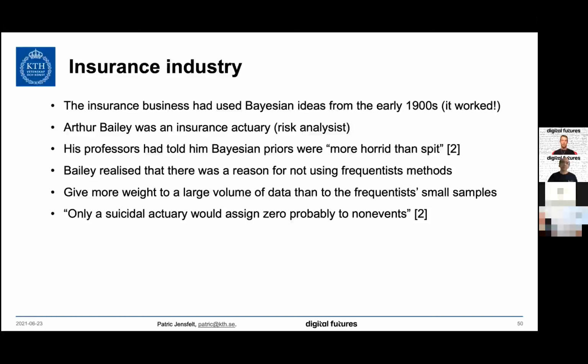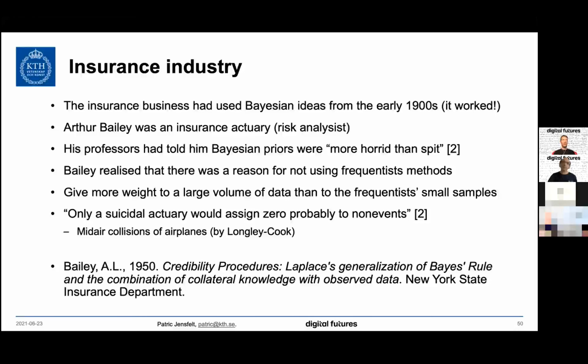One of the classical examples here is the probability of a mid-air collision of airplanes, which had never happened at the time. But if it happened, it would be extremely costly. And you have to factor that in when you set the premium. And Bailey wrote a very influential paper in 1950, which was one of the first Bayesian papers that made the area take off.